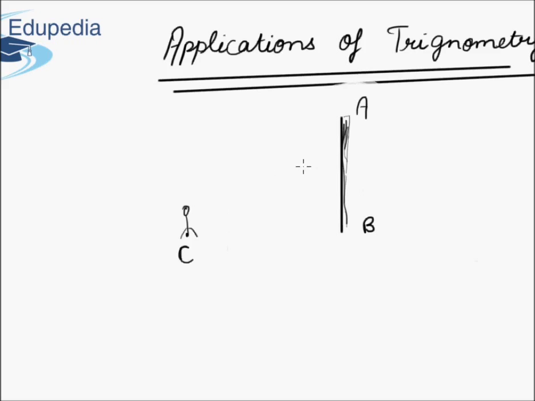Now suppose we know the length, how much tall this wall is, say 10 meters. Suppose by some means we are able to calculate the angle made by this viewer on the top of this wall, say represented by an angle theta.